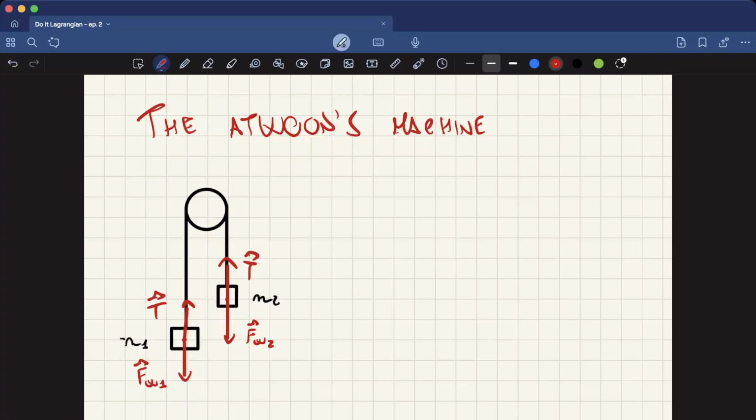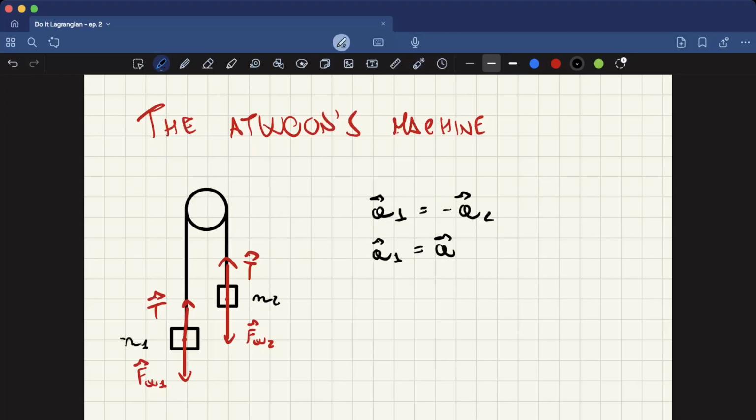Okay, so both bodies are subject to the same tension. Indeed, we have A1 equal to minus A2. Okay, so we can just say, letting the index 1 or 2 drop, A1 equal to A for simplicity.